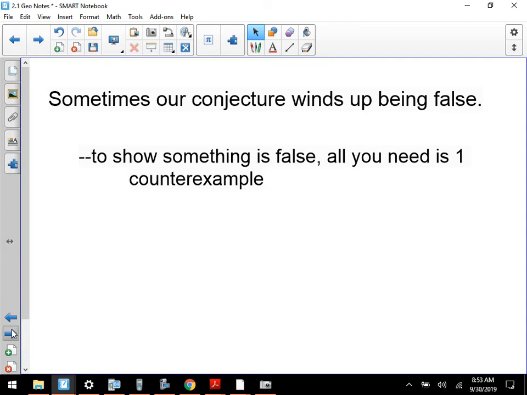Well, if we inspect his car and see his tires aren't flat, there's your counterexample. He does not have a flat tire. So that negates your conjecture. It shows it to be false. A counterexample can be anything that disproves your educated guess. All right? Anything that disproves it.